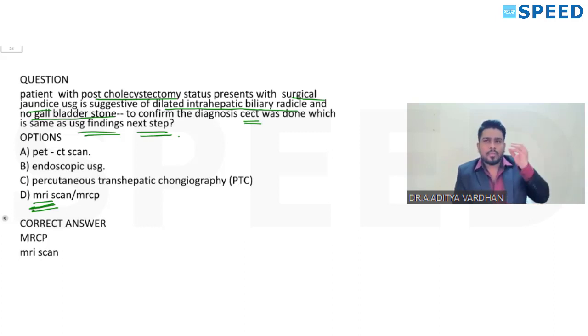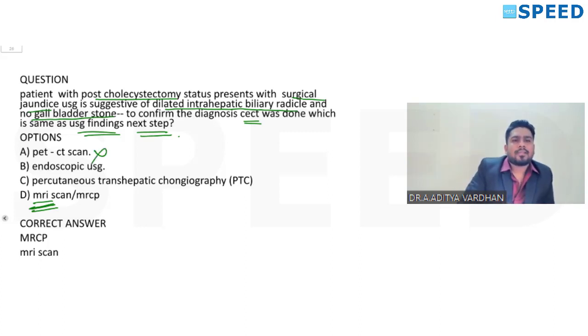So in that case, what we can do is perform an MRI scan. MRI was the only word given in the option. Many students felt confused, it seems. Remember, MRI here means MRCP, magnetic resonance cholangiopancreatography, or they can give the option of MRCP.